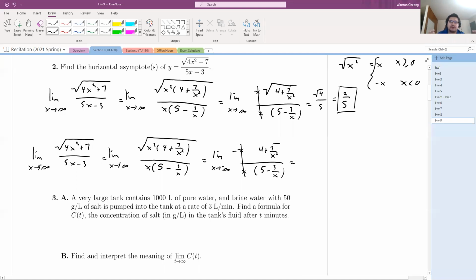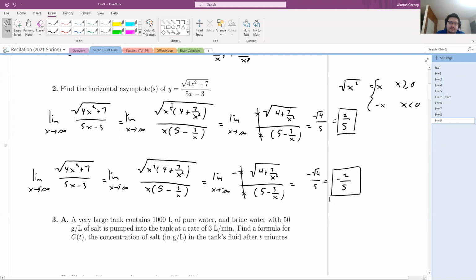So we would split the square root, and then we have the square root of x squared, but because we're on the negative end, we end up using this branch where it equals minus x, and so we have this minus, and that's a bit strange. Okay, so this ends up being negative square root of 4 over 5, which gives you negative 2 over 5. So this problem actually has 2 horizontal asymptotes.